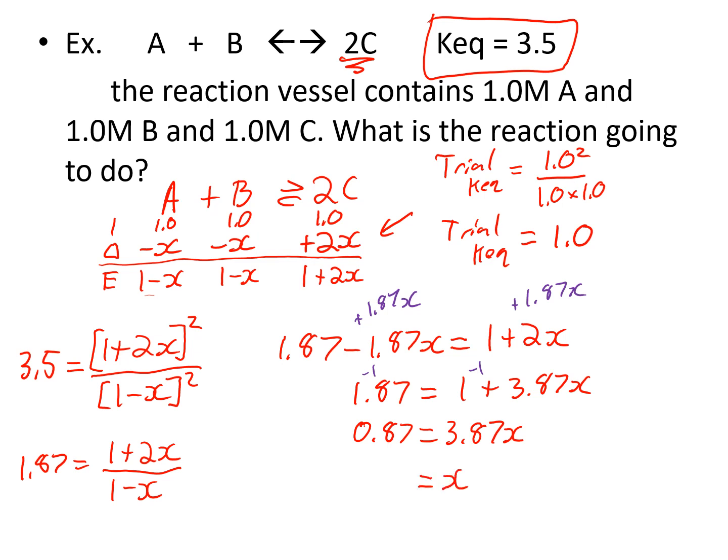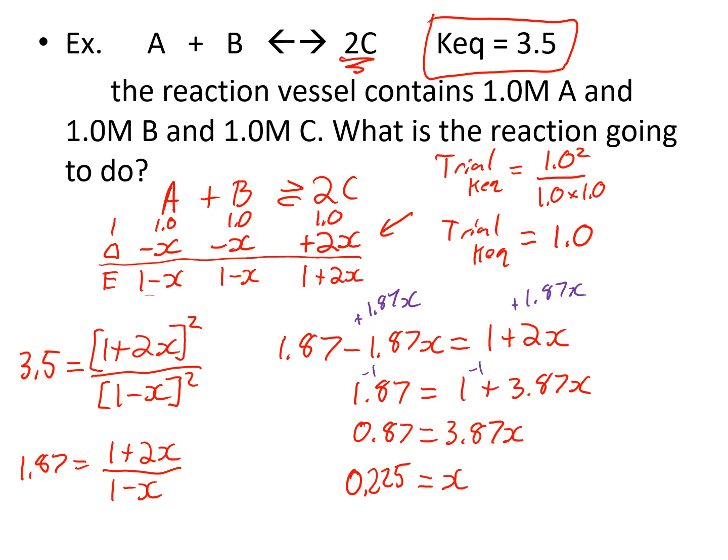And then finally, I'm going to solve for x and go 0.87, typing in my calculator, 0.87 divided by 3.87 equals, and I get 0.2248, or 0.225, and that's x.